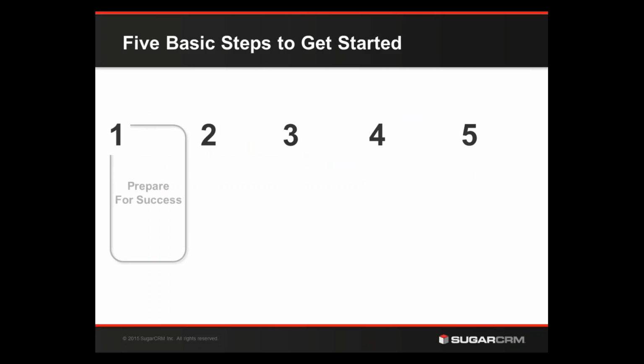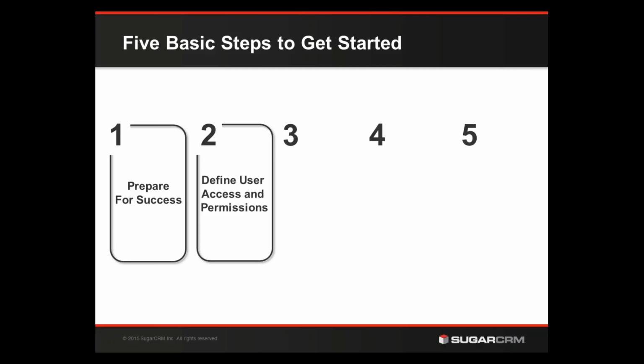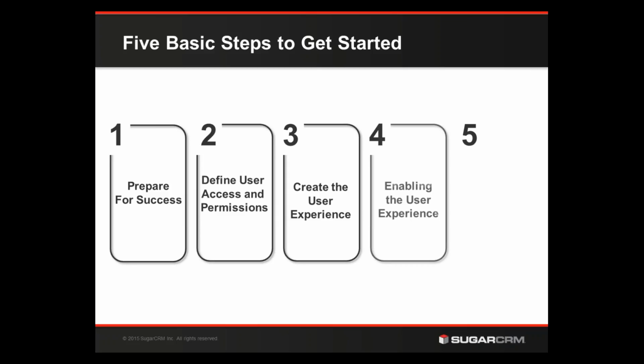So just check out that type of information. So just once again, prepare for success, define your users, which is users, teams, and roles, create your user experience, configure the system the way you need to. You may even actually have to use customizations in order to create that user experience. And then you need to enable it by providing the data in the system, either through data migration or through the import wizard, and then also setting up the outbound email.